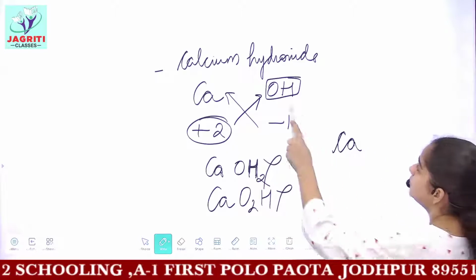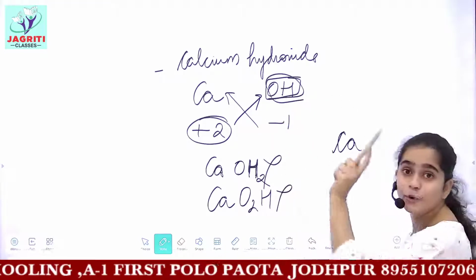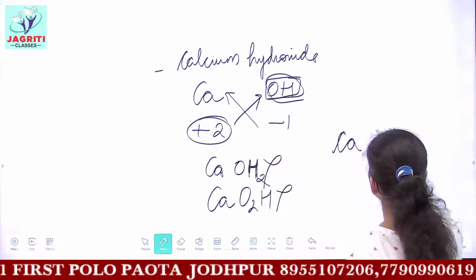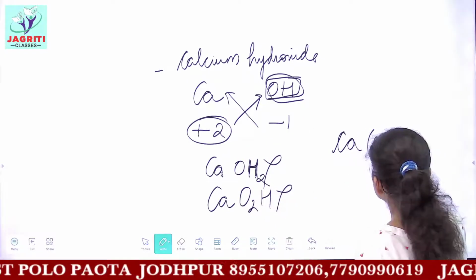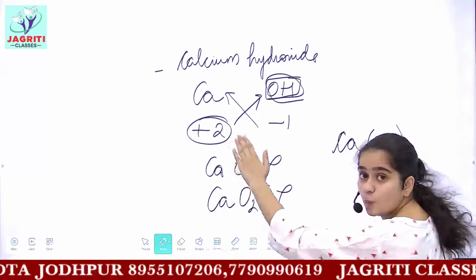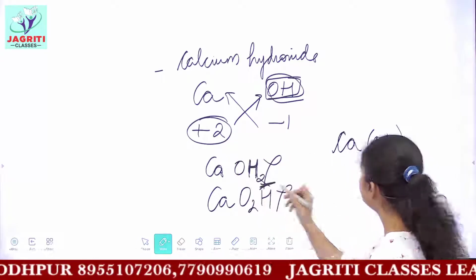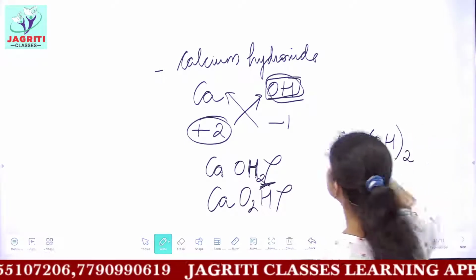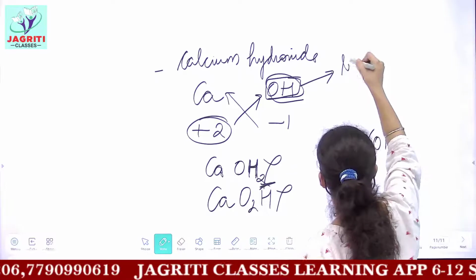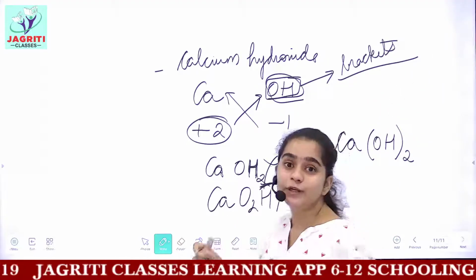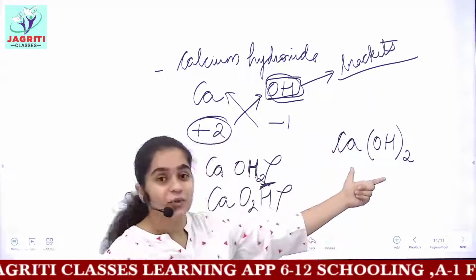So always remember, when writing the formula including polyatomic ions, Ca is 1. Then you have the polyatomic ion. So enclose this polyatomic ion in a bracket, and any number which you want to write as the subscript comes outside the bracket. So always remember to include the polyatomic ions in your brackets. This would make the formula correct.